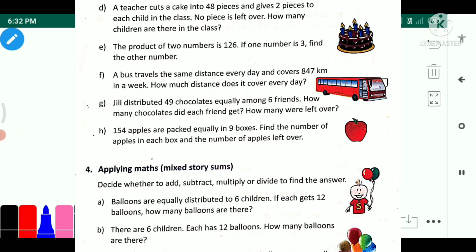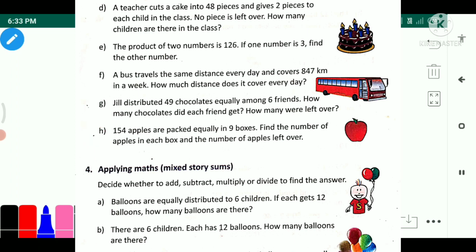Now we have to find how many chocolates each of his friends will get, and how many chocolates will be left over. Okay, so the remainder will be the leftover chocolates, and the quotient will be the chocolates that it distributed.